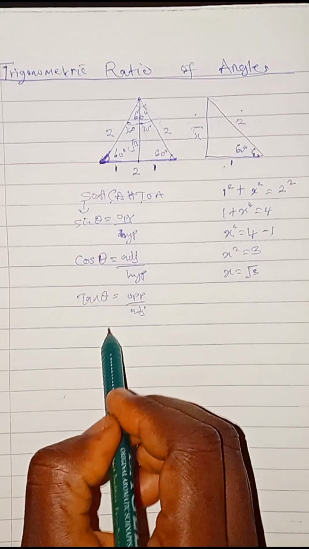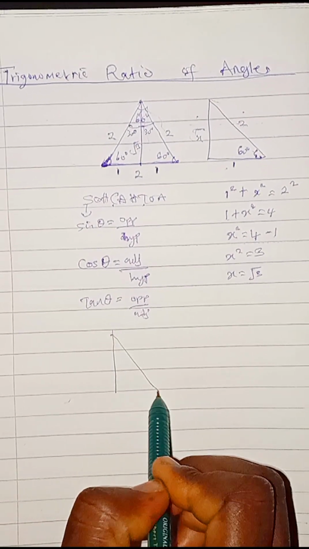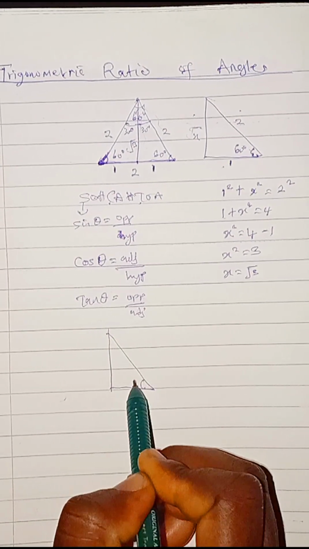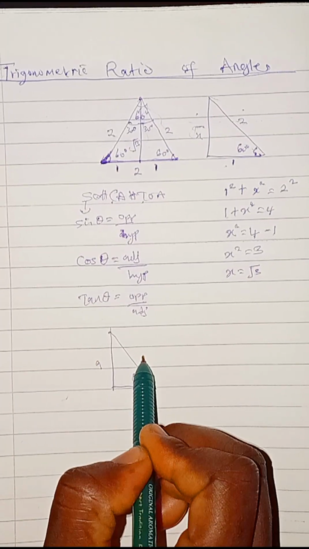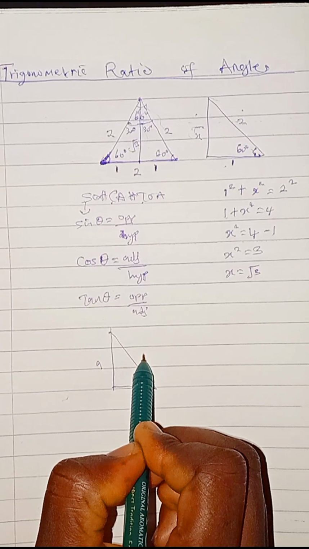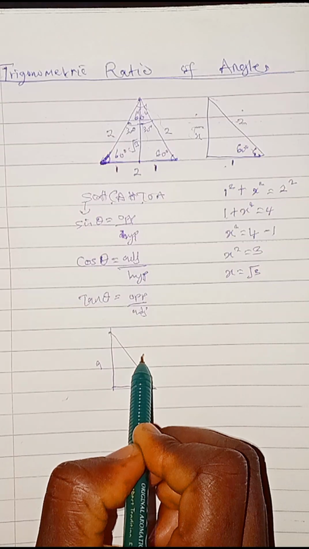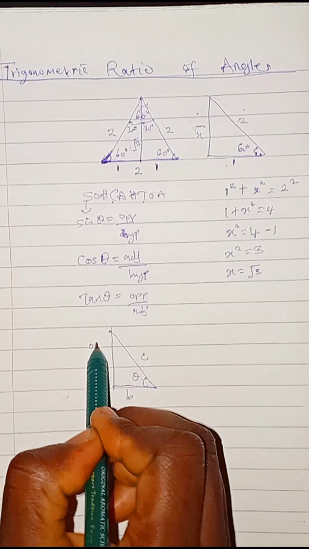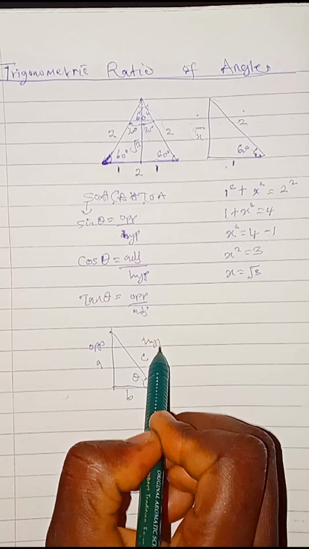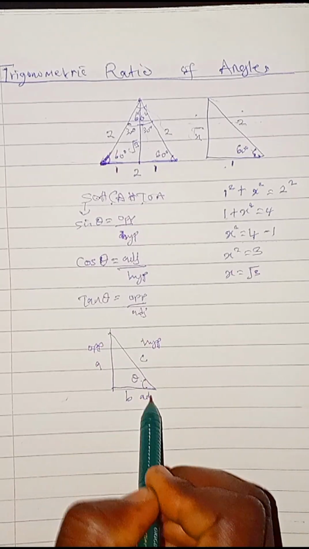So from here, if here is theta, where the angle is facing, you name it as A. The longest side is called the hypotenuse. Let's name it as C. And the other side is called the adjacent. Here is the opposite. Here is the hypotenuse. Here is the adjacent.